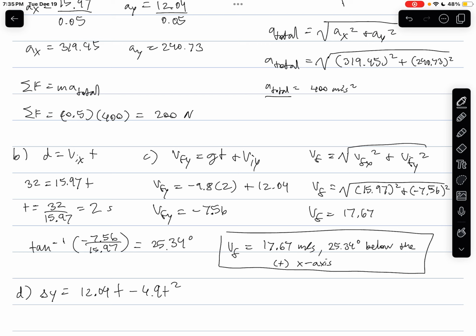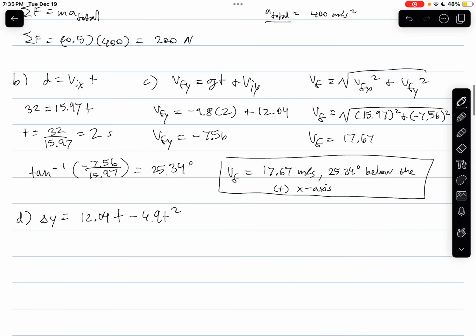I use this displacement formula because I want to find the time when the ball travels to that distance up, so that I can use that to find the velocity. So then the displacement in the y is going to be 2 equals 12.04 t minus 4.9 t squared. And then I just use the quadratic formula in the calculator to find t.